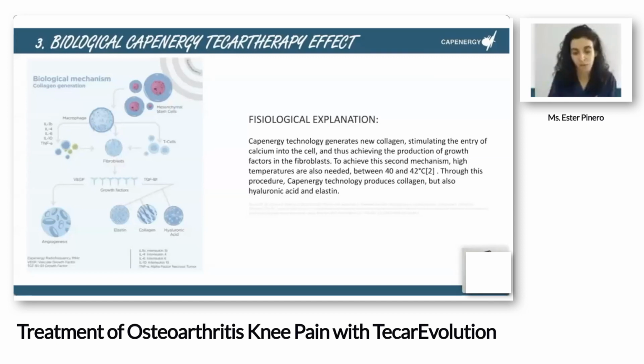Another thing that we have is more production of growth factors in the fibroblasts. Then there we need to raise the temperature up to 42 degrees. And then we produce this collagen, and not only collagen, also hyaluronic acid and elastin.